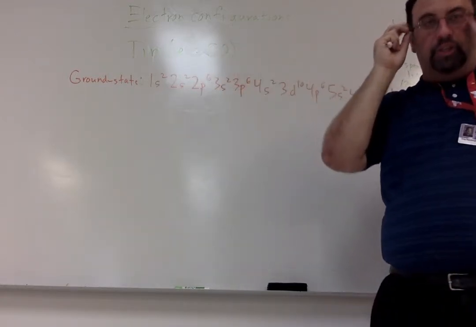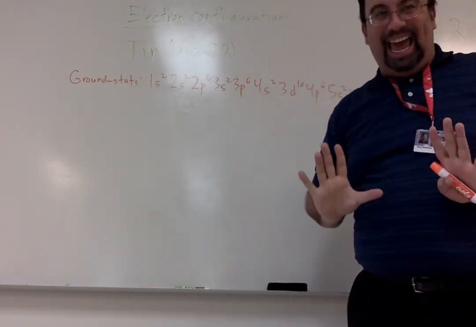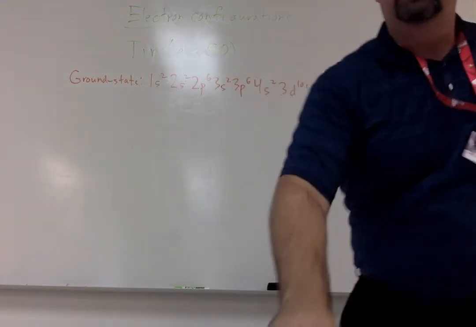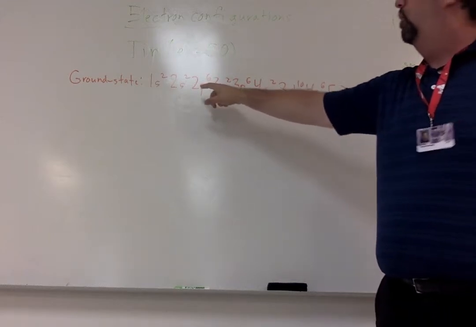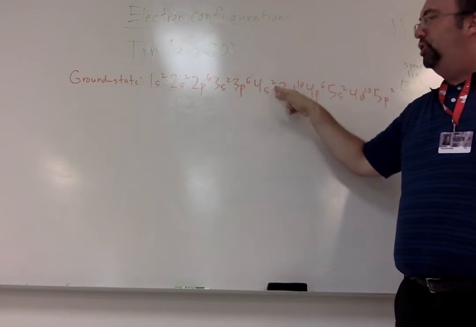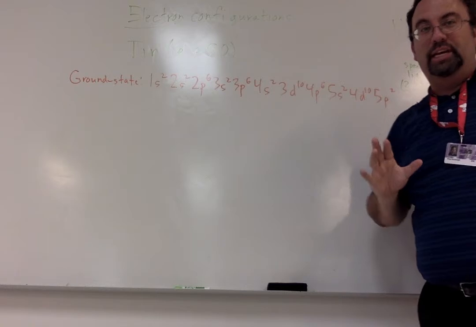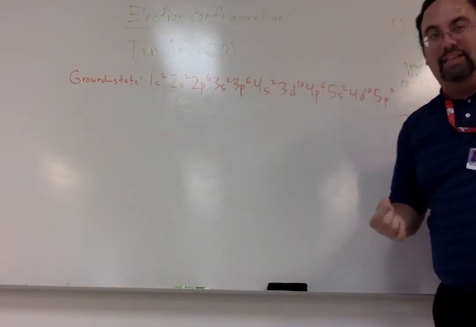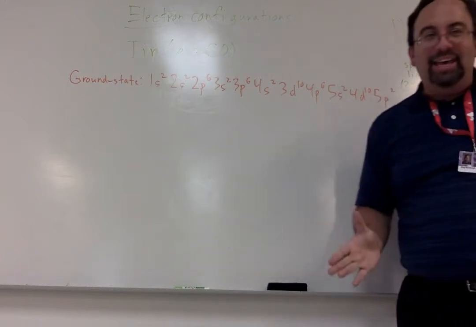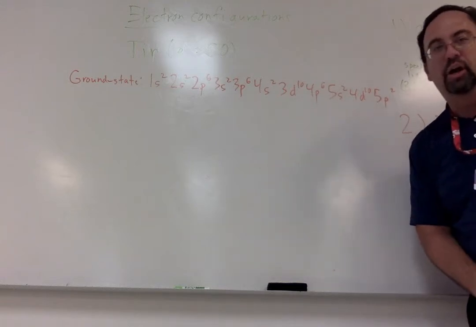So let's go ahead and count to make sure this is right. 2 plus 2 is 4. 4 plus 6 is 10. 10 plus 2 is 12. 12 plus 6 is 18. 18 plus 2 is 20. 20 plus 10 is 30. 30 plus 6 is 36. 36 and 2 is 38. 38 and 10 is 48. 48 and 2 is 50. So we do have the correct electron configuration for tin.